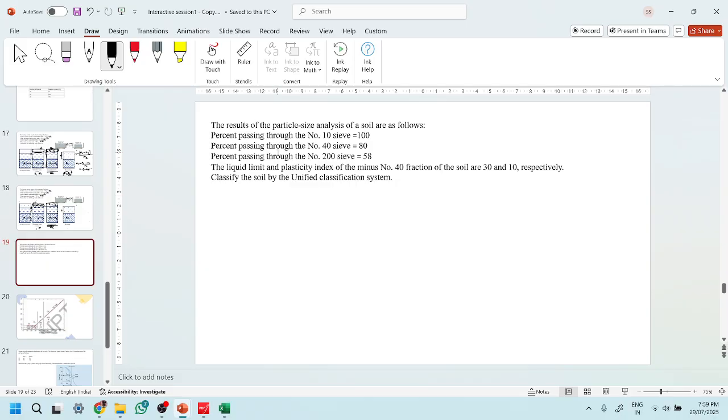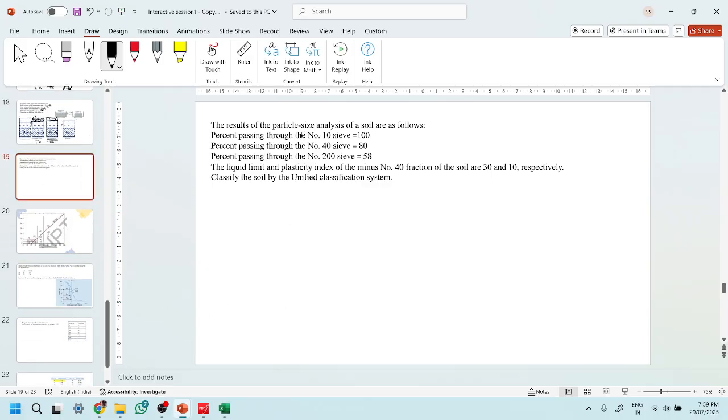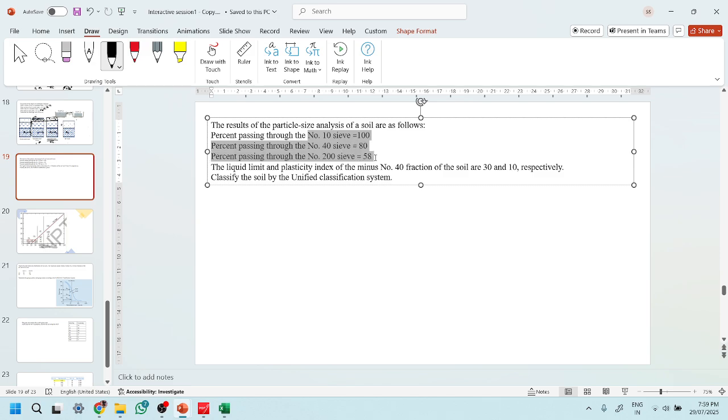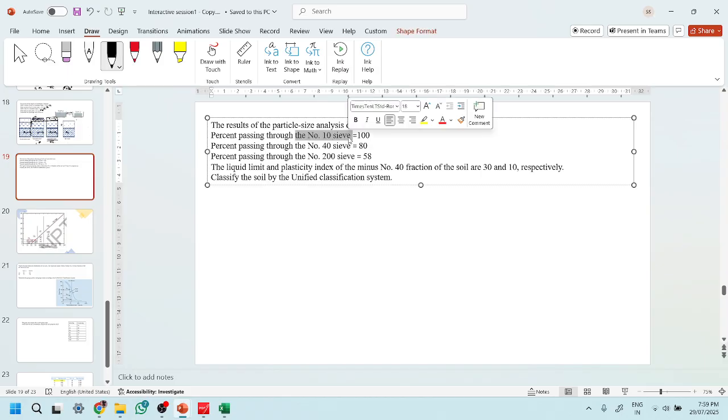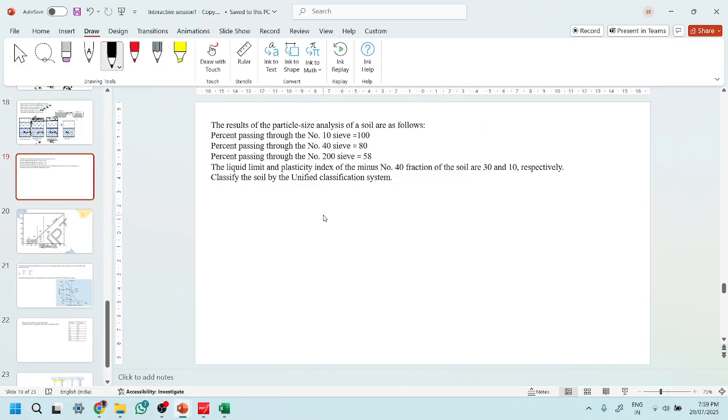Okay. The results of a particle size analysis of a soil are as follows: percentage passing through number 10, number 40, number 50. So, you can try this question. I will be uploading the PPT of this class. I put this question because I wanted to discuss that sometimes the sieves are numbered, and you can have a US numbering system, an IS numbering system.